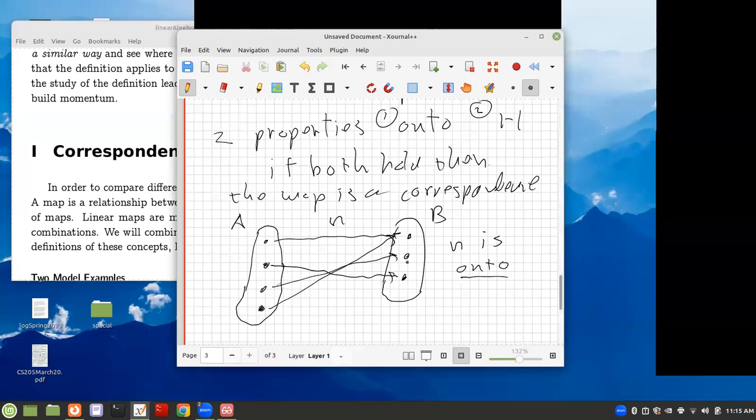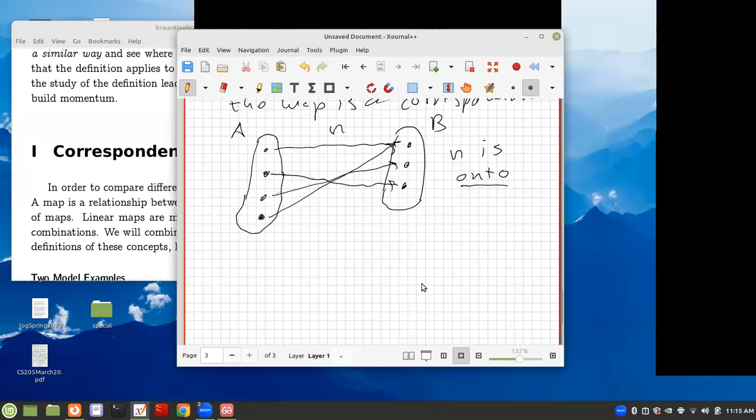It is onto because every element in the codomain has an arrow pointing towards it. So every element in the codomain is an image. We say if b equals N of a, so a gets mapped to b, like if this was a and this was b, then we'd say N of a is b. This is also called the image of a.